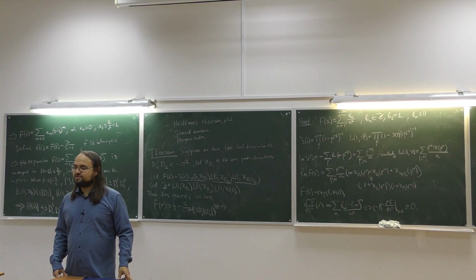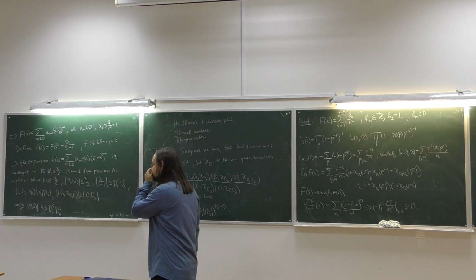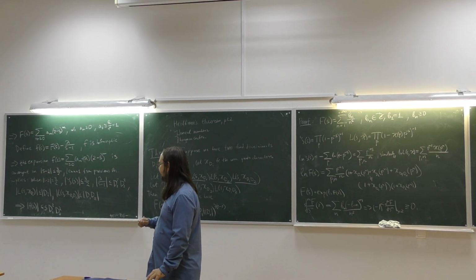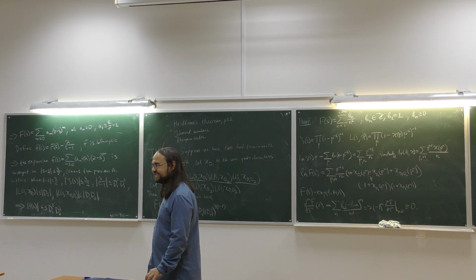Or you can use your computer to plot zeta of s and see that, or you can use Wolfram Alpha and plug into it something like maximize the absolute value of zeta of s when and so on.